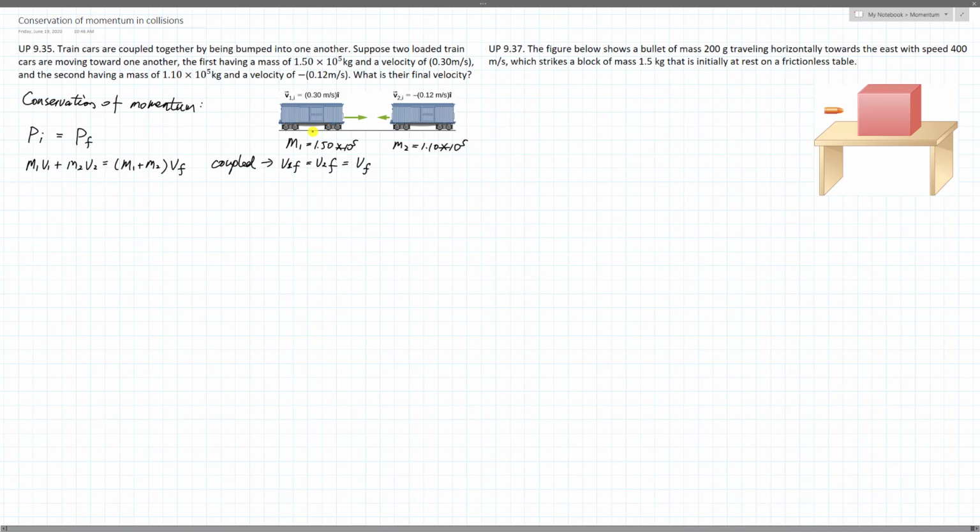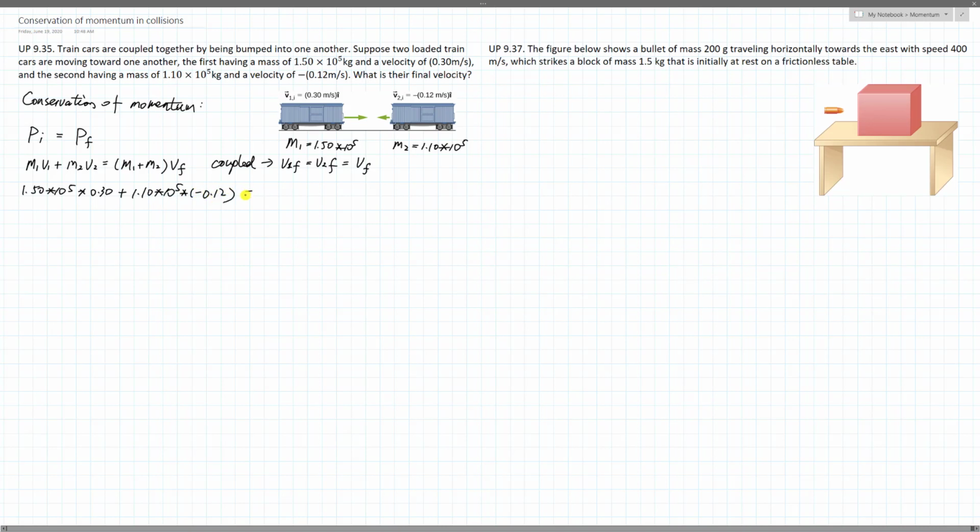All right, so let's plug in the numbers. 1.50 times 10 to the fifth times velocity 0.30, plus 1.10 times 10 to the fifth times the velocity, which is minus 0.12.